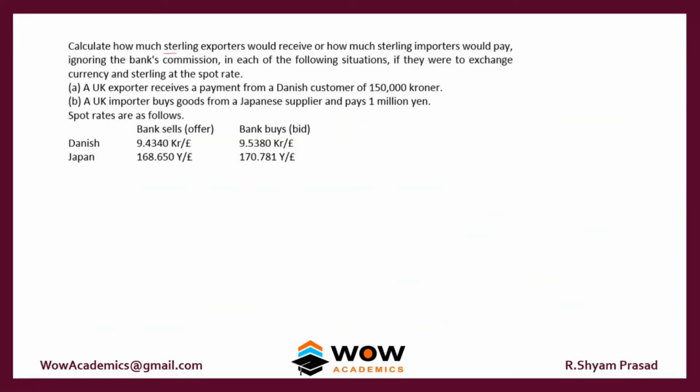Calculate how much sterling exporters would receive or how much sterling importers would pay, ignoring the bank's commission, in each of the following situations if they were to exchange currency and sterling at spot rate. A UK exporter receives a payment from a Danish customer of 1,50,000 kroner. We'll work out the first one.